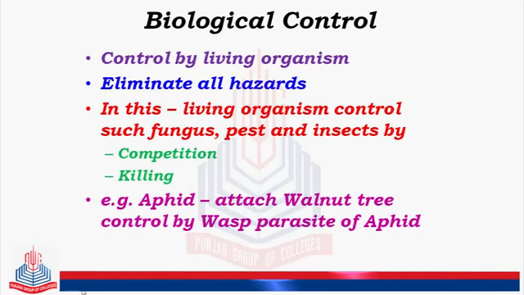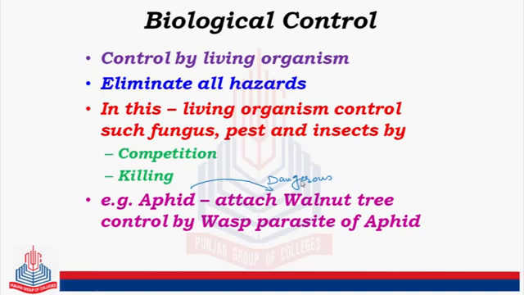Both of them are living organisms, but one living organism, the aphid, is dangerous for walnut trees because it is attacking them, sucking the juice by its stylet. It can pierce the phloem and actually suck the ready-made juice of phloem by its stylet. It is dangerous for walnut trees.